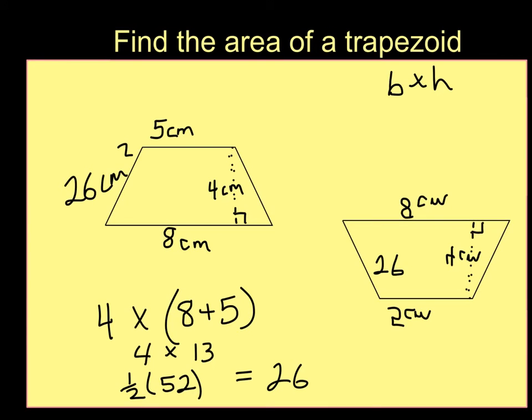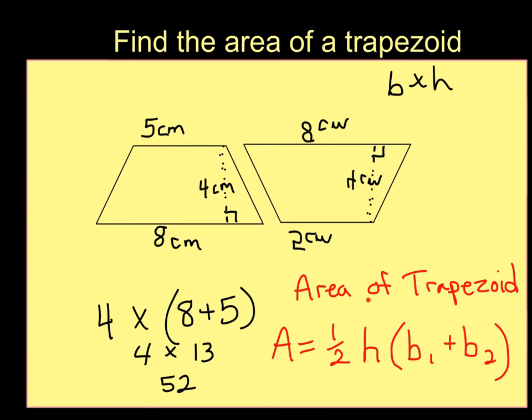So the area of a trapezoid is going to equal 1/2 of the height times the base 1 plus base 2. And the reason is because when we flip it, base 2 ends up right here, right?